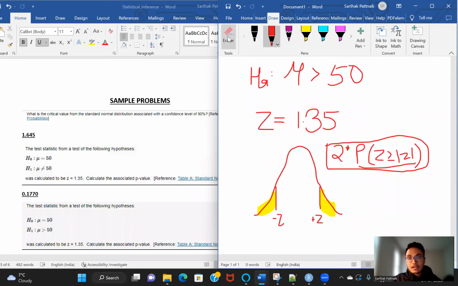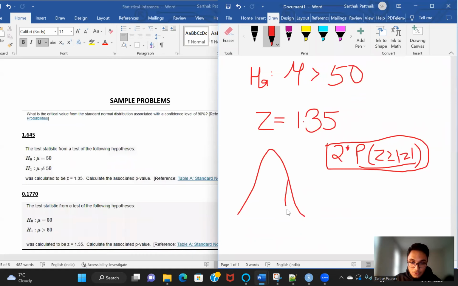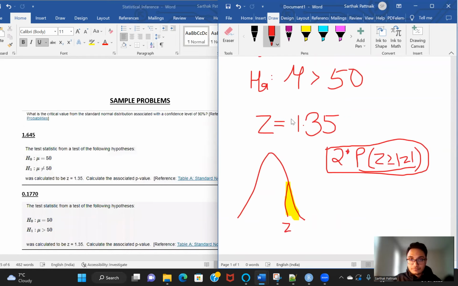So my area of consideration, rather than being both of these areas, will only be this one right here. If this is my test statistic Z, I need to find points that lie beyond Z, because our alternate hypothesis is mu is greater than 50.